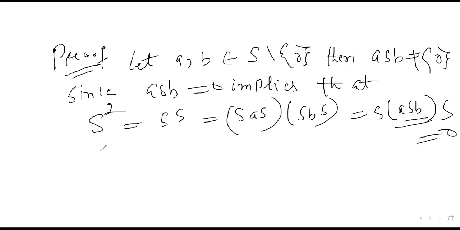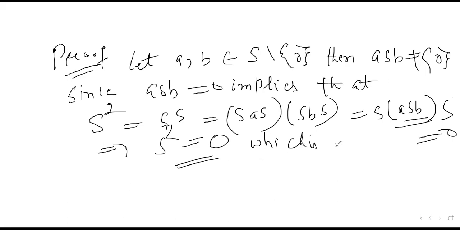So this means S squared equals 0, which is not possible as S is 0-simple. So if you choose A, B belonging to S minus 0, then ASB is non-zero.